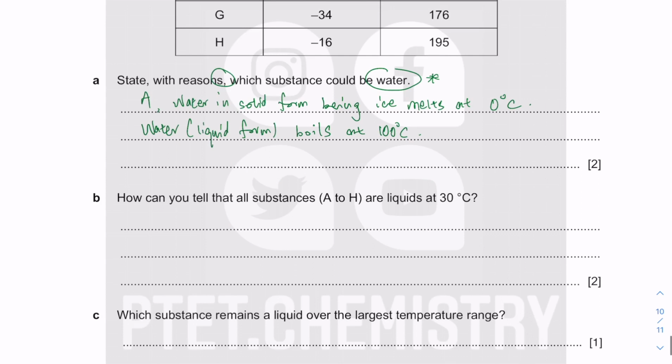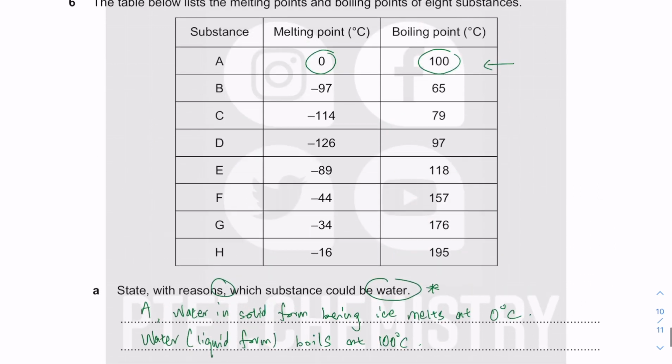How can you say that all of these substances are liquids at 30 degrees Celsius? If you think about your line diagram for all of these, where does 30 degrees Celsius come in? It comes in between there, same thing there, same thing there. 30 degrees Celsius is in between the melting and boiling point of all of these substances, meaning this is where the solid turns into liquid, and this is where the liquid turns into gas. 30 degrees Celsius is the value in between the melting and the boiling point for all of these substances.